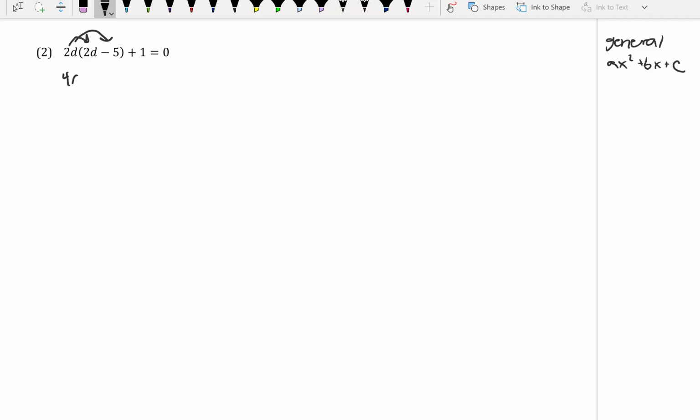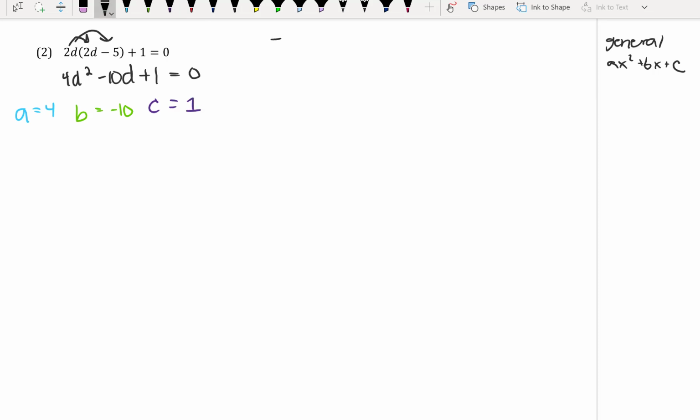So I have 4d squared minus 10d plus 1 is equal to 0. Now I can say that my a value is 4, my b value is negative 10, and my c value is a positive 1.